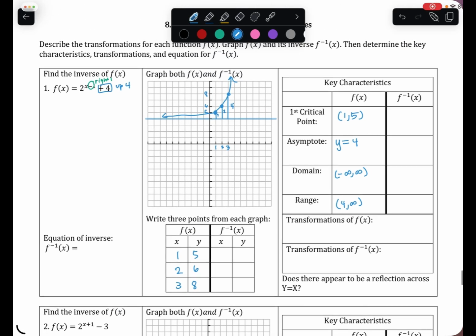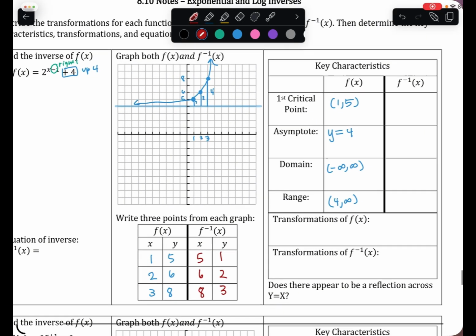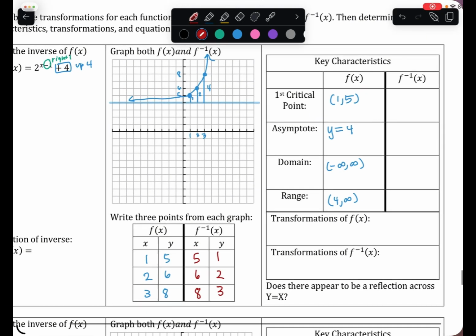Okay, so for my inverse function, we just switch those to be able to create the graph. And then we can put them back on the graph. And so I have (5, 1), (6, 2), and (8, 3).